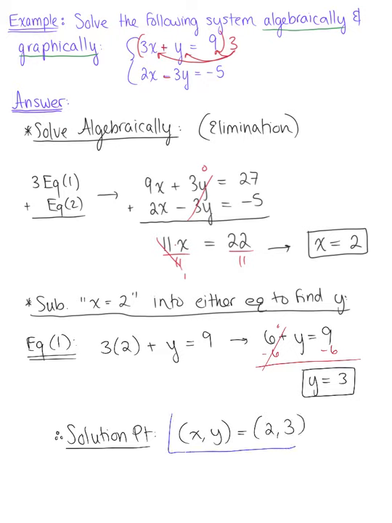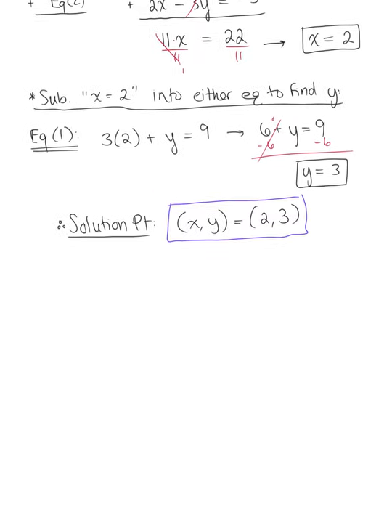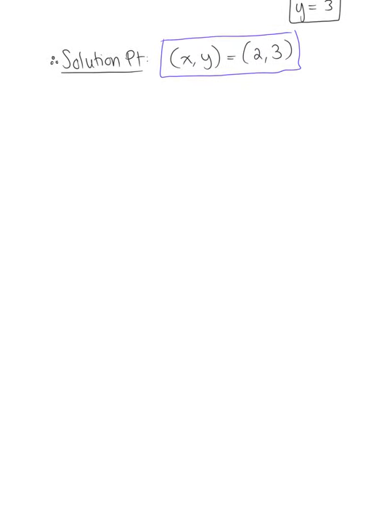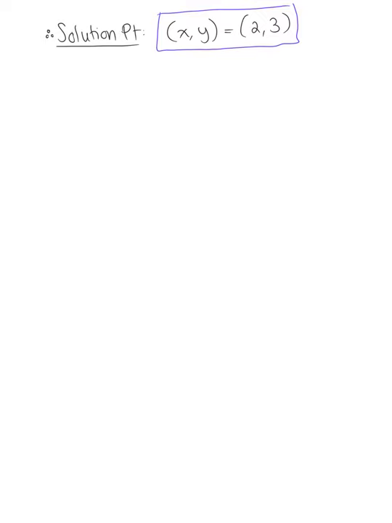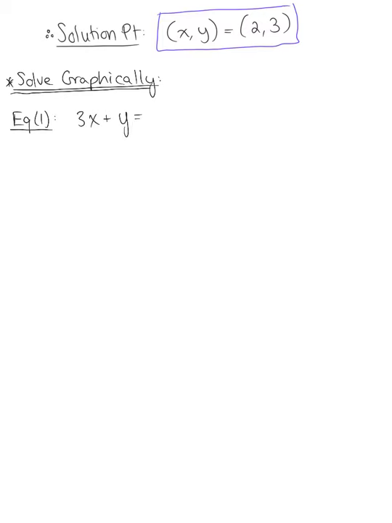Now to continue solving, we want to first convert both lines to their slope-intercept form. So we're solving graphically now. Again, equation 1 was given to us as 3x plus y is equal to 9.